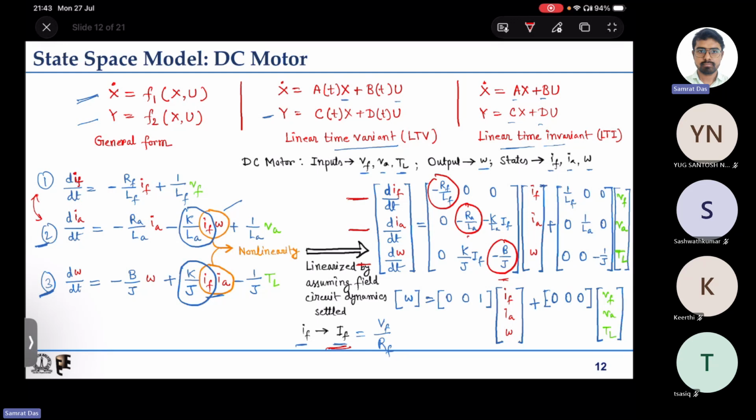The state of the first equation does not impact the others, it is no longer a part of the dynamic system, because we assume that it has reached steady state. So it can be seen in the matrix by observing that the 1 2 and 2 1 elements are equal to 0.